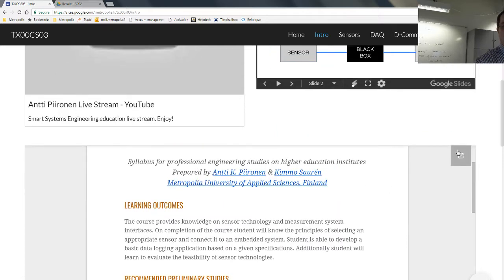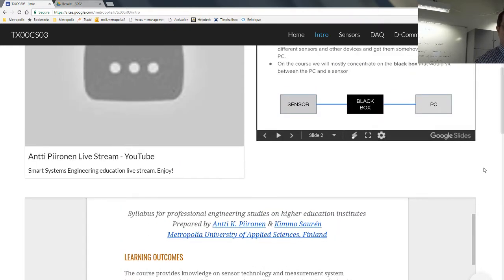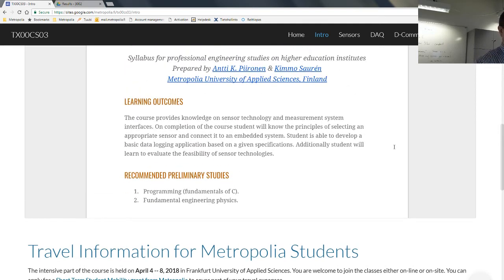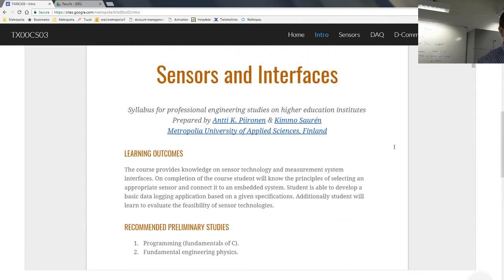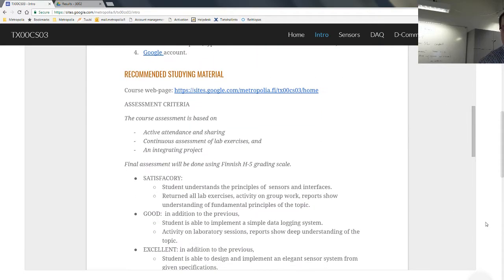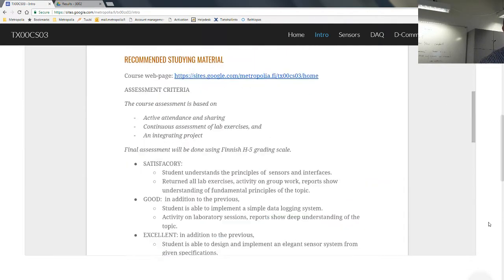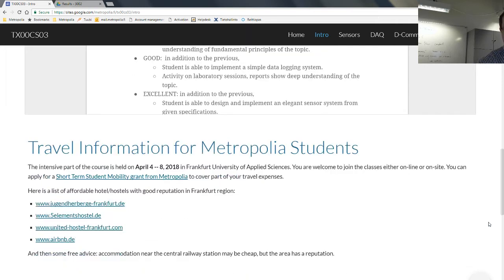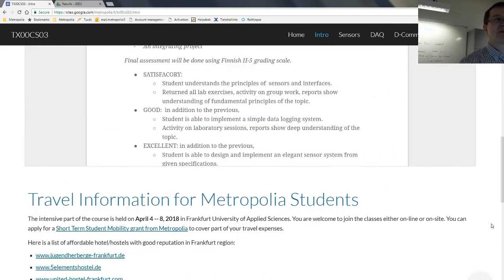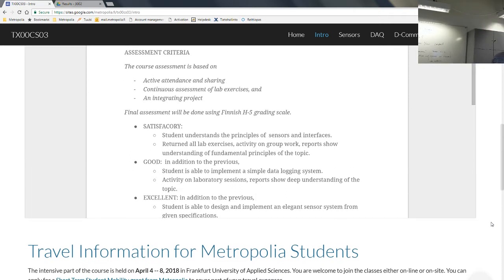There's also the introduction. Okay, I copied some material from some other course. Oh, okay, I have been updating a wrong sheet, I see. We don't have a study trip on this course. We will have a study trip on the programmable system chip design course.